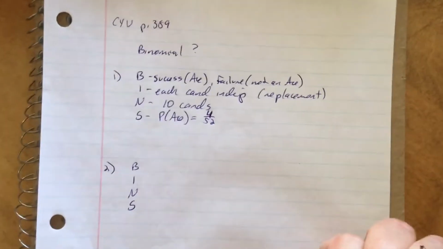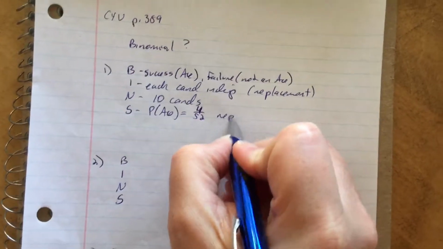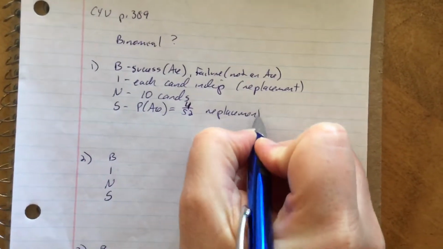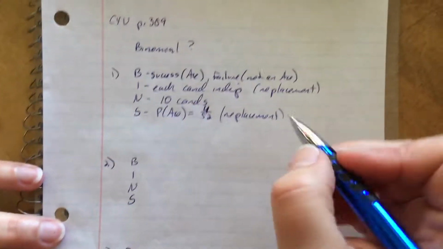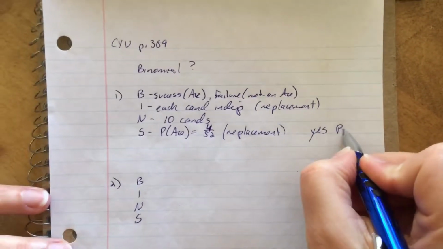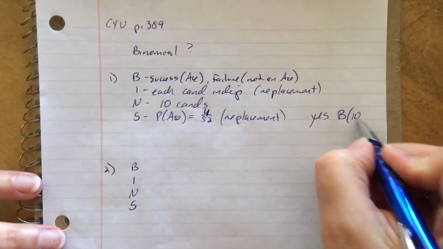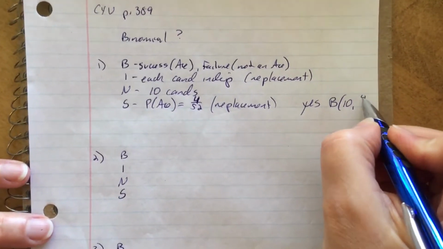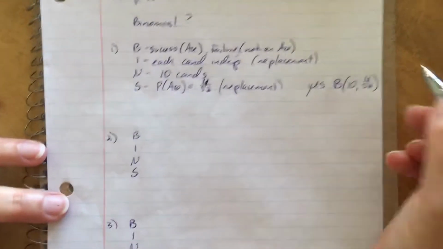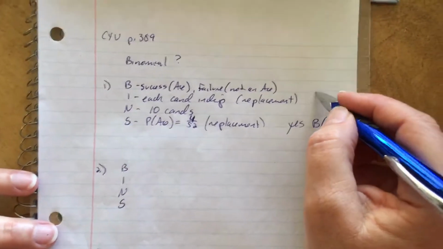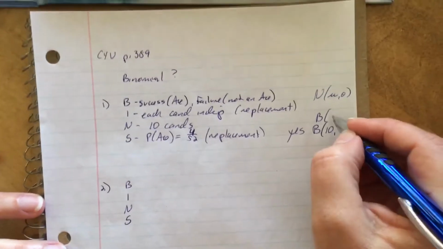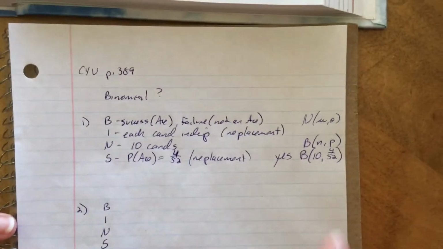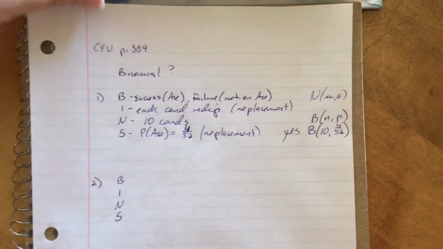So it is the same every single time because of replacement. So we will say that this is binomial, a binomial distribution with 10 trials, and probability of success is 4 over 52. So this is just like we would do normal with the mean and the standard deviation. We do binomial with the set number of trials and the probability.